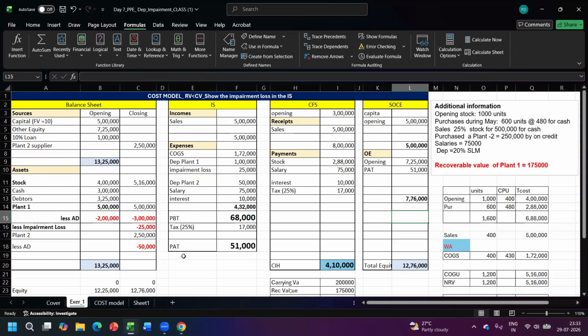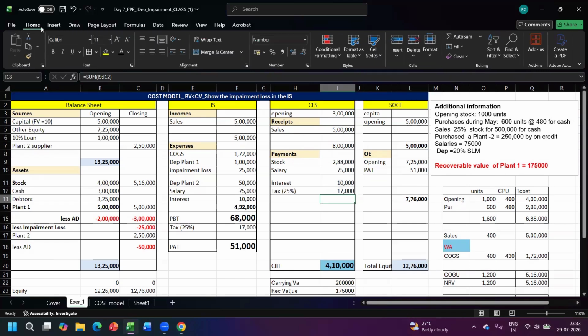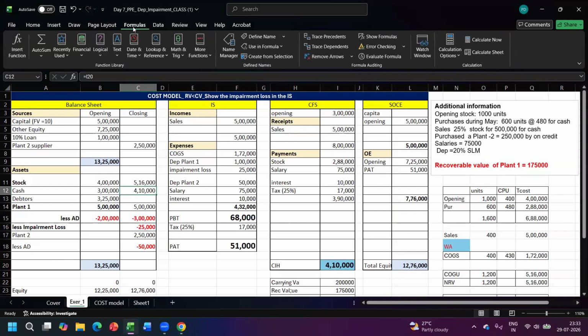PBT minus tax is PAT. Let us find cash in hand. Cash in hand is equal to cash available minus the cash payments. Closing cash in hand is an asset, and will be transferred to the balance sheet.